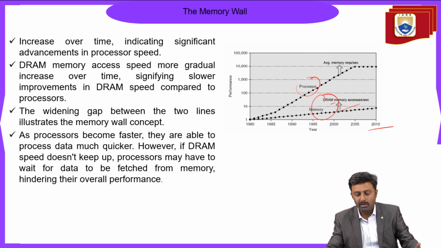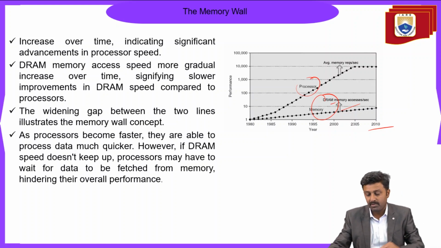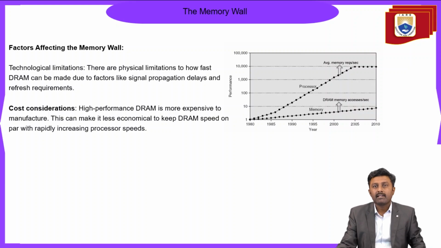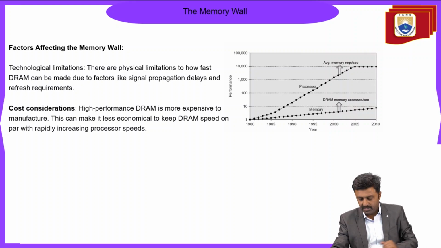So that is the memory wall problem, because the processors are made of SRAM, which is faster compared to the main memory, which is made of DRAM. Now we'll see the factors affecting the memory wall. First, technology limitations: there are physical limitations to how fast DRAM can be made, due to factors like signal propagation delays and refresh requirements.